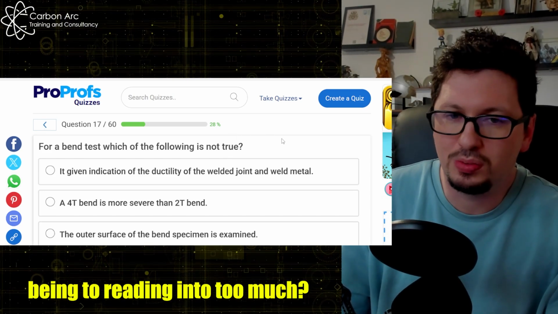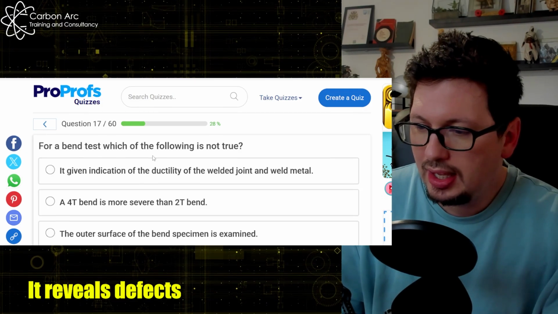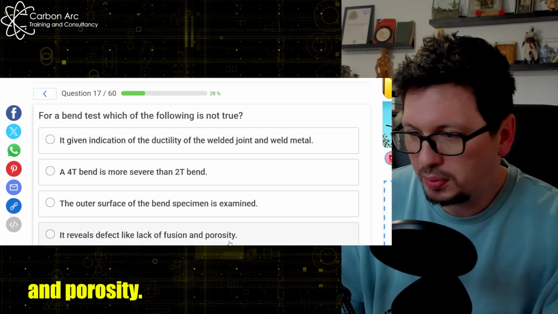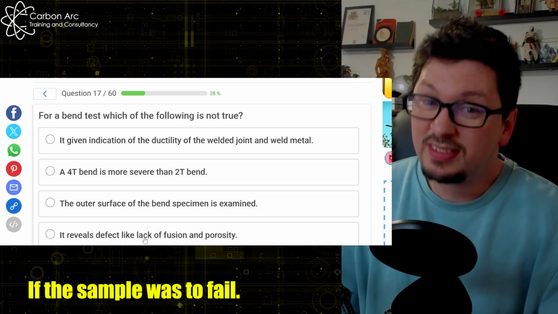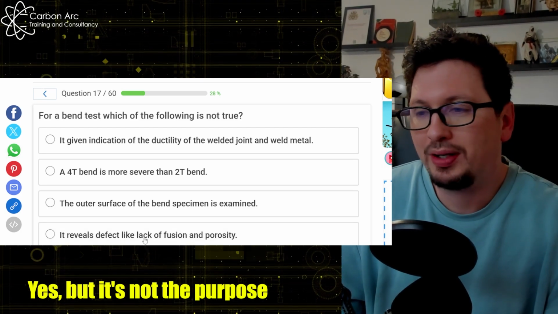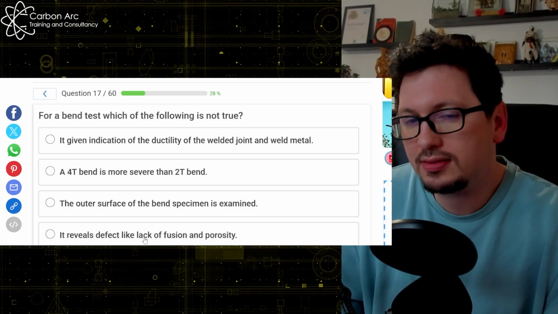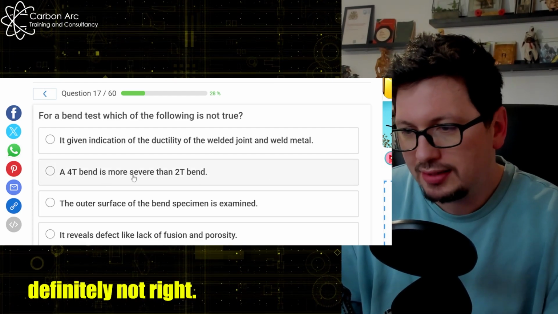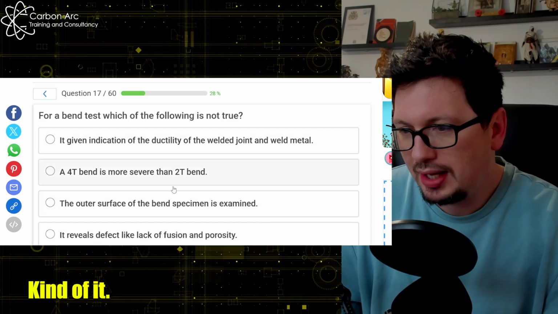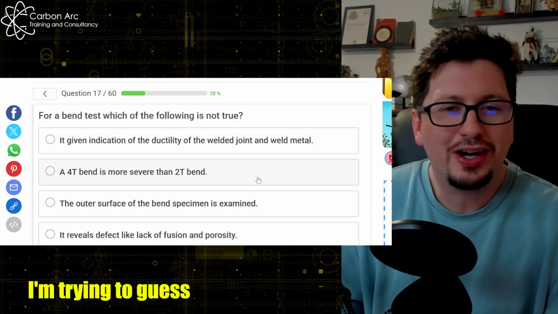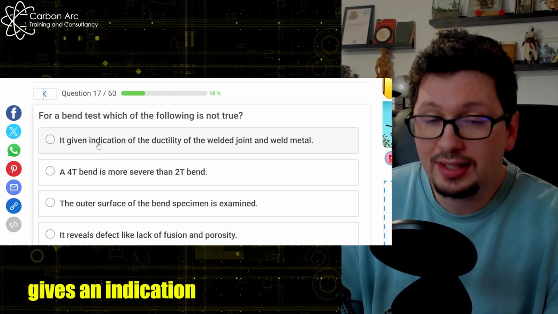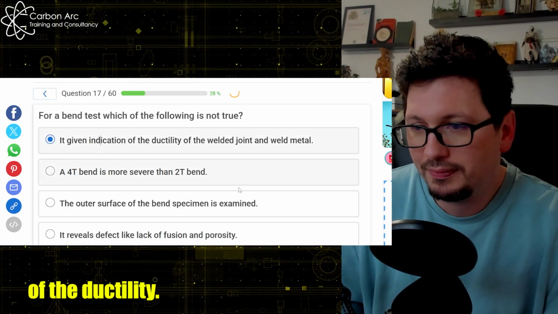Again, am I reading into it too much? It reveals defects like lack of fusion and porosity. If the sample was to fail, yes, but it's not the purpose of the test. We're going to get rid of B. That's definitely not right. I'm trying to guess how people will try and answer this question as well, right? I'm going to say it gives an indication of the ductility.